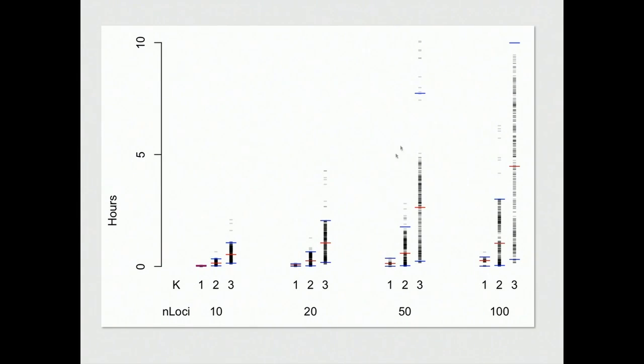Up to 10 hours, and these are the median and then the 95% CI in blue. So if you have 10 loci, it's not that bad. And 100 isn't that bad. It's almost like a linear increase, or probably better than linear.